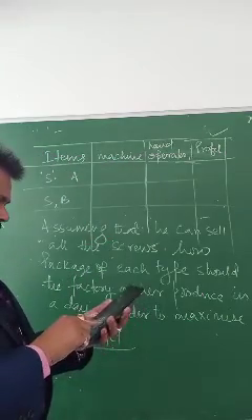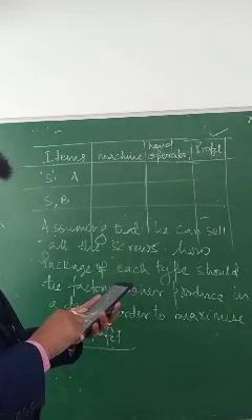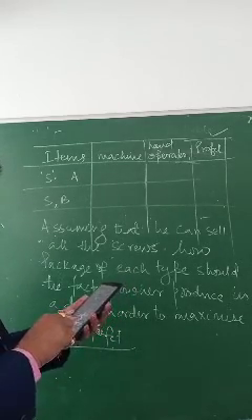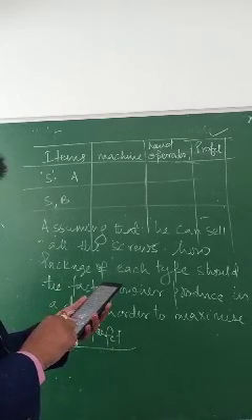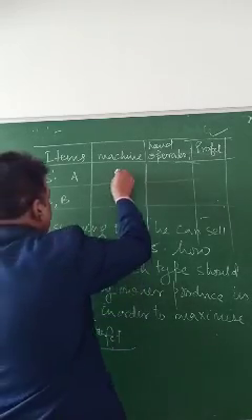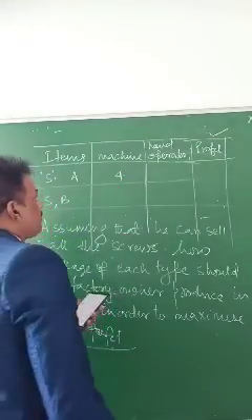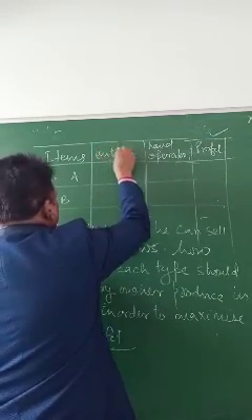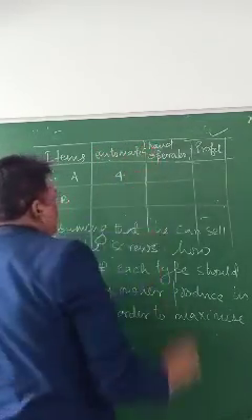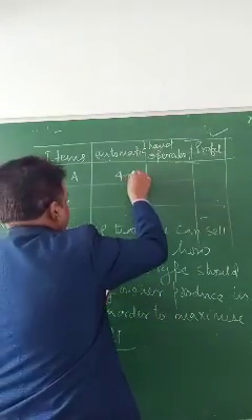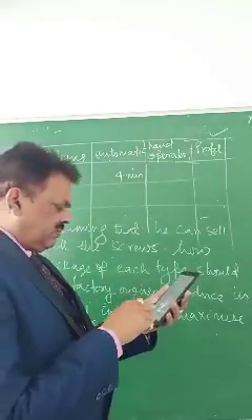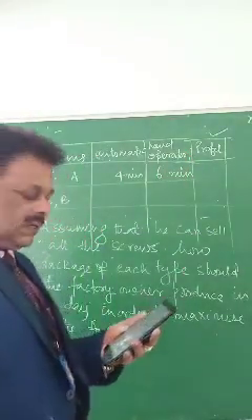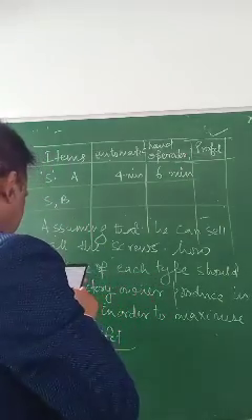Okay, what is given to us here? Automatic, hand operator. For screw A, 4 minutes on the automatic machine and 6 minutes on the hand operated machine.